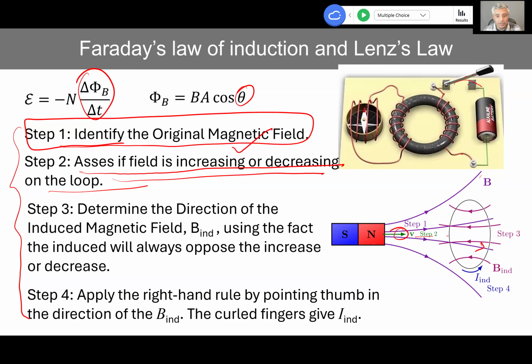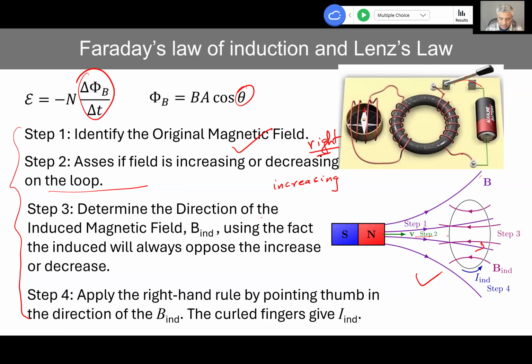It is going closer, which means flux is increasing, because B is increasing. In this case, it is increasing, and it was to the right. So let me write it down here for this particular situation.